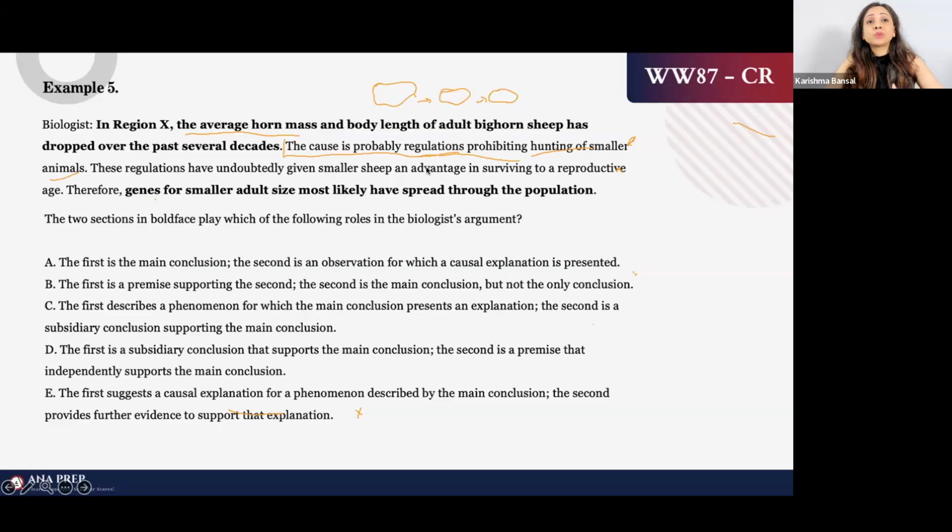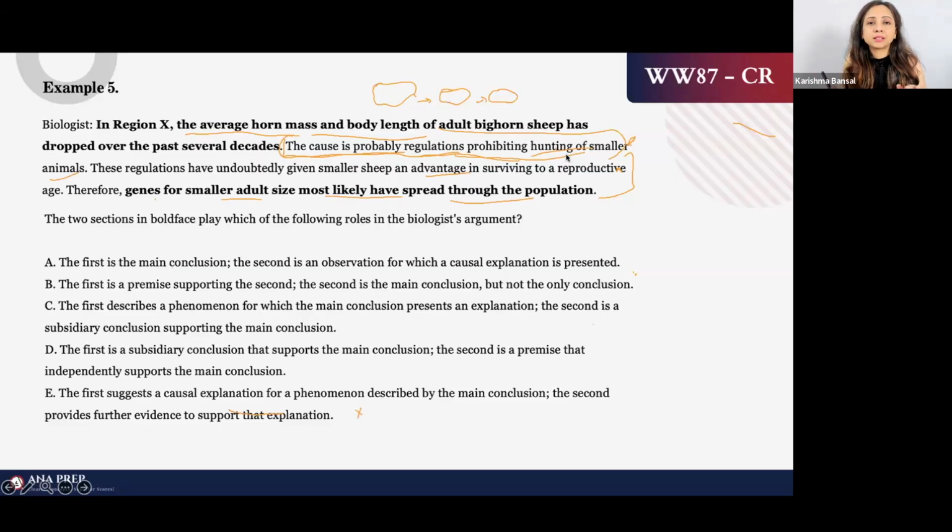And then he goes on to explain why. Why is he saying that these regulations are the cause? Because these regulations have given smaller sheep an advantage, and that is why their genes most likely have spread through the population. So he is using these two statements to support his conclusion. And what is his conclusion? That the cause for the reduction in size is the regulations.